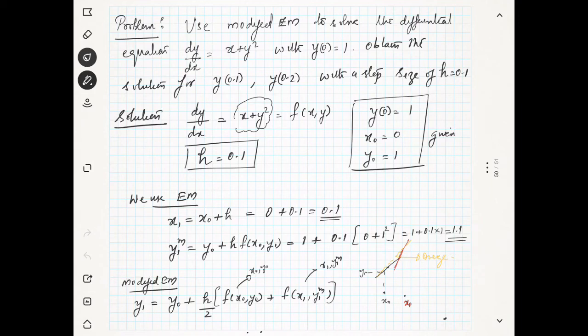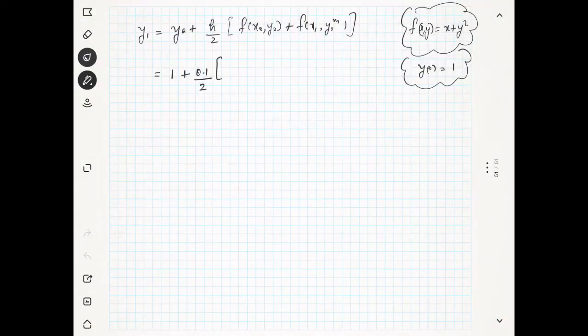We will calculate f of x0 y0 first. That means x0 is 0 and y0 is 1, so 0 plus 1 square, which is equal to 1.